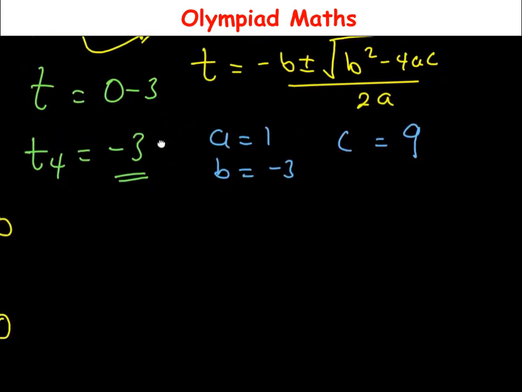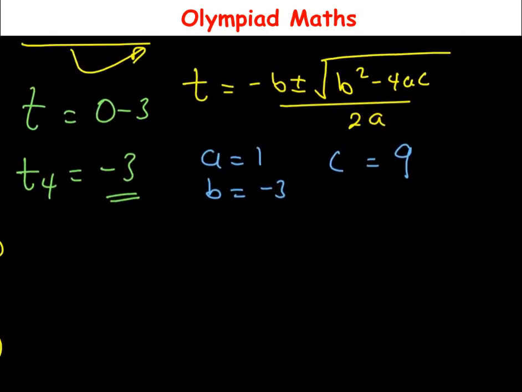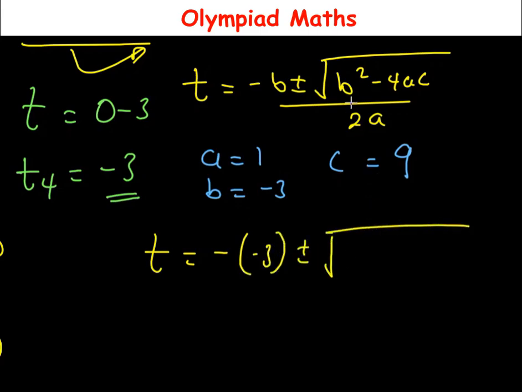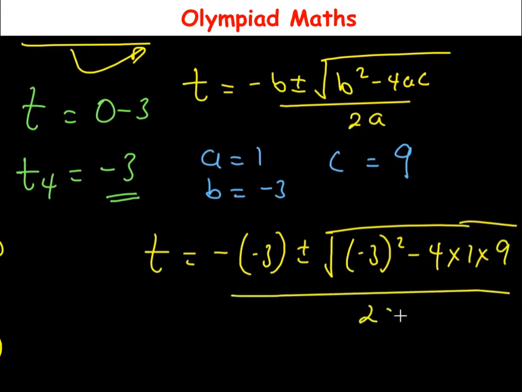So from here, we have it that the value of t is then equal to minus, b is minus 3, so minus minus 3, plus or minus square root of b squared, b is minus 3, so minus 3 all squared, minus 4 times a is 1 times c is 9, then all over 2 times a is 1.